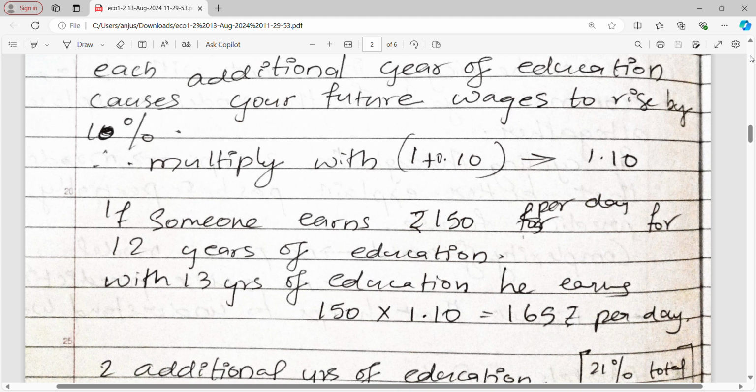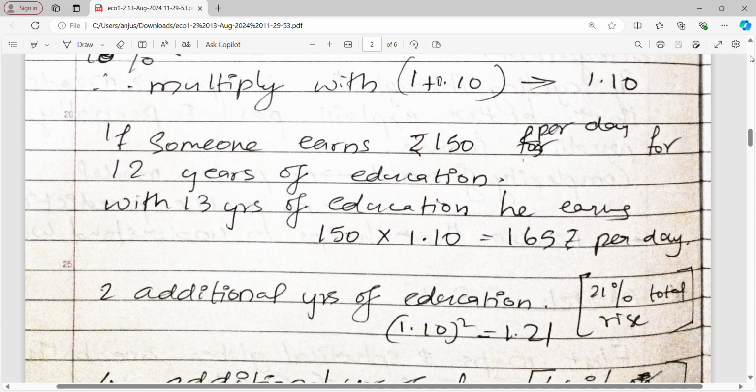With each additional year of education, there is a 10% increase in wage. A 10% increase means multiplying your current wage by 1.10.